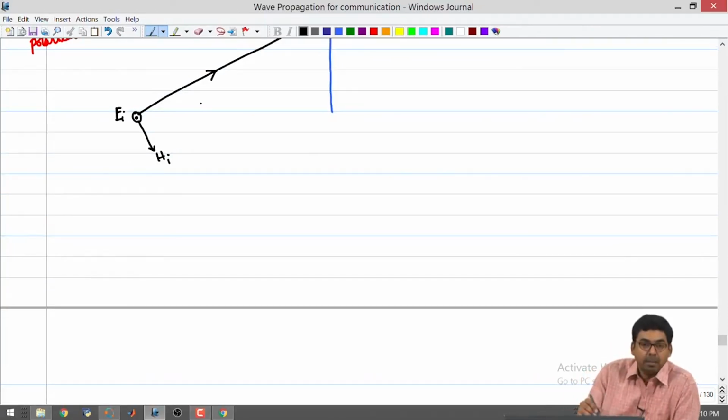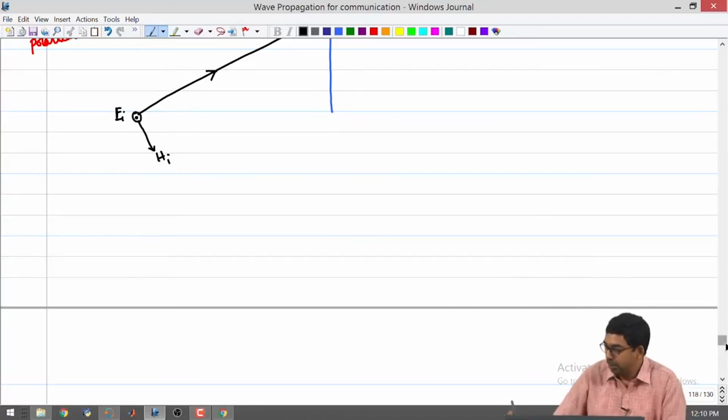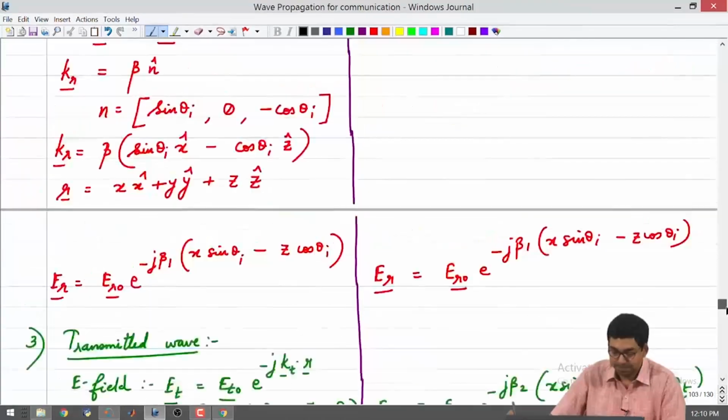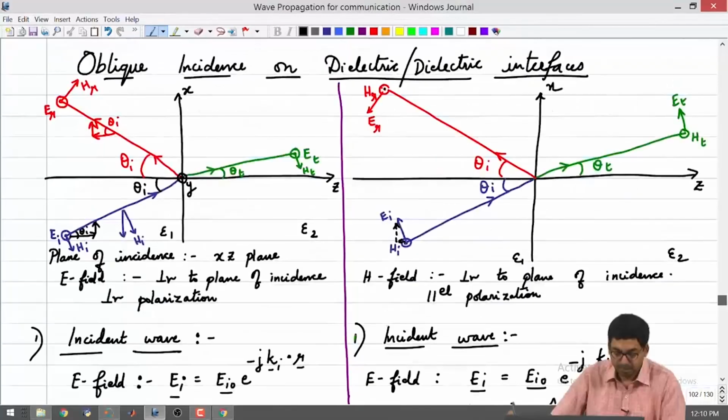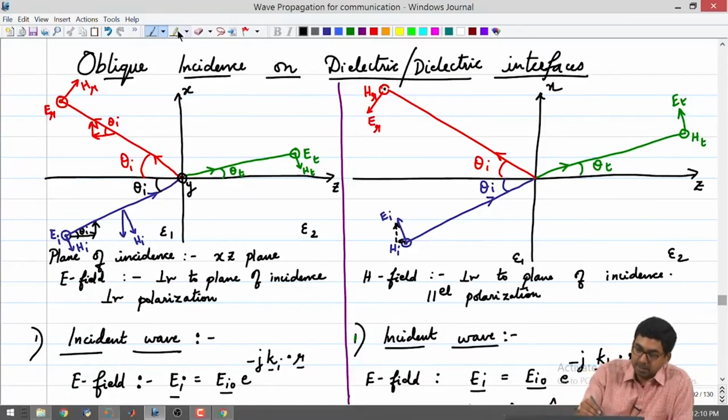Looking at this diagram, it is identical to what we had drawn before for the dielectric interface. So, if I were to go back to my notes, I have oblique incidence on dielectric interface. In this part, the description of the electric field is going to be identical.